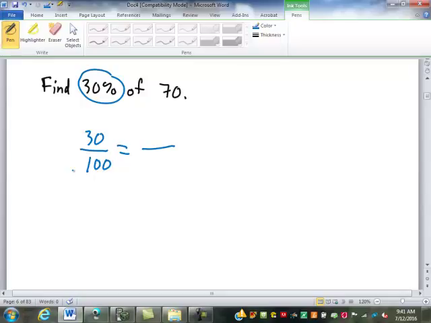Now there's always 2 other numbers. There's always a number that represents the piece that we are interested in, and another number that represents the whole amount, or a starting value, initial value, initial amount.